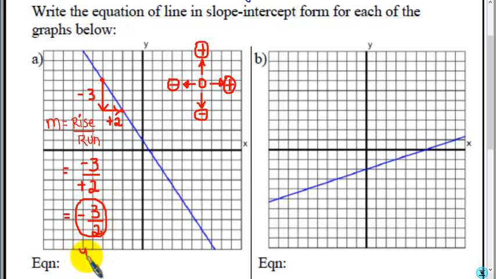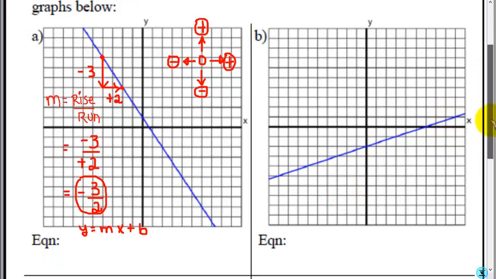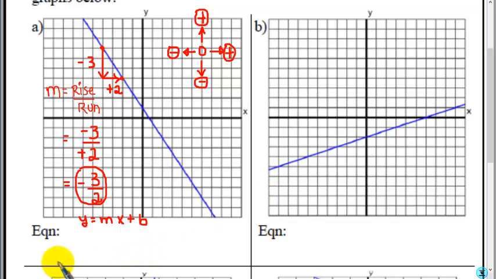Now remember, our goal is to write the equation of a line, so keep in mind that the form the equation of a line usually comes in is y equals mx plus b. So let me move down a little bit here. We found out our slope to be negative 3 over 2. So we're going to plug it in right there. Instead of m, we're going to write what m equals, which we found out to be negative 3/2.